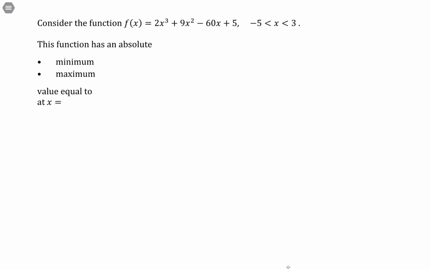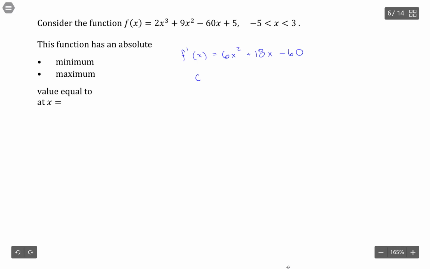So maximums and minimums would occur where critical values happen. So let's check out a critical value. Let's find our derivative, which is 6x squared plus 18x minus 60. And we set that derivative to 0.